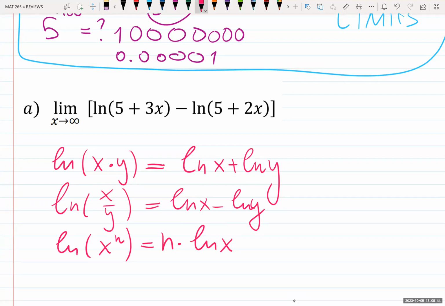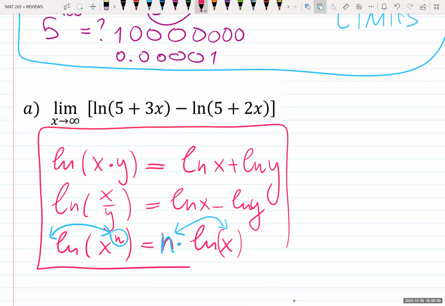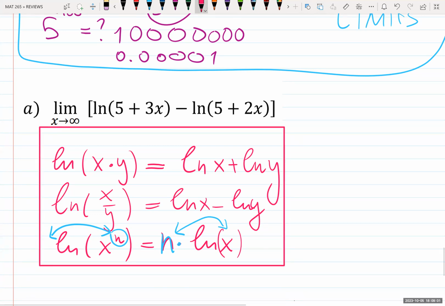So let me put it like this. The power goes down. By going down, I mean it is multiplied now. And you can always put it back if you want. So those three are the most important things. They used to be everywhere in computer science when there was a lack of space in memory, when an 8 megabyte flash drive cost $100.